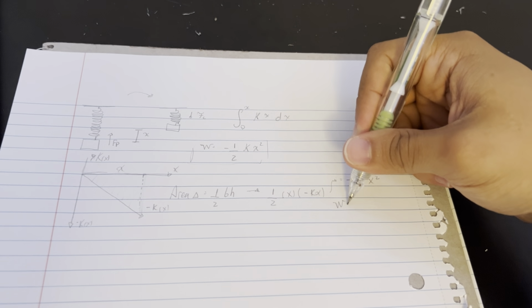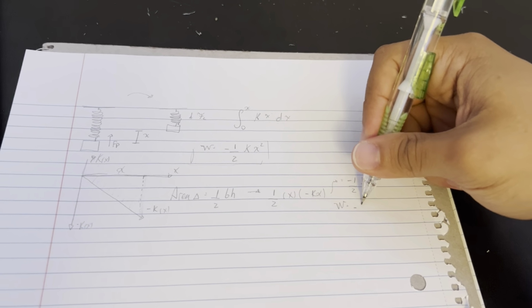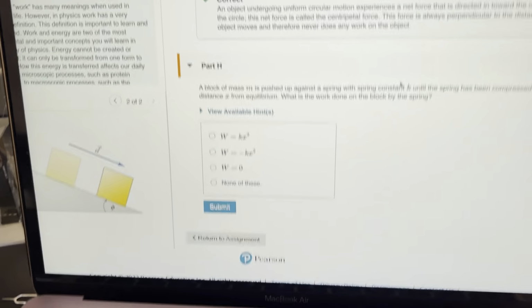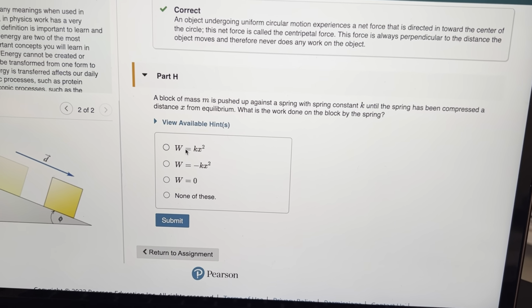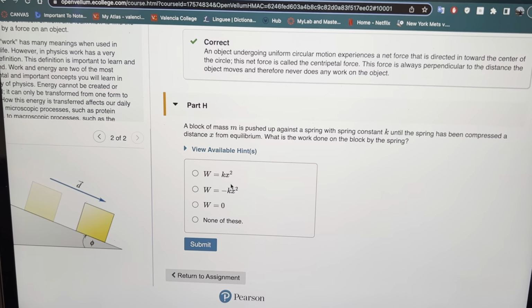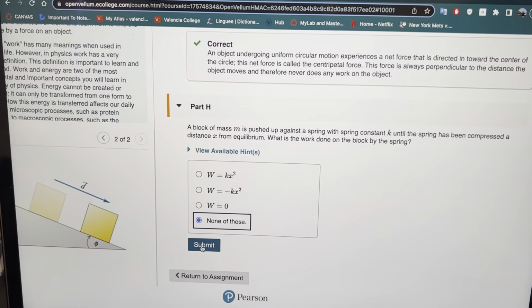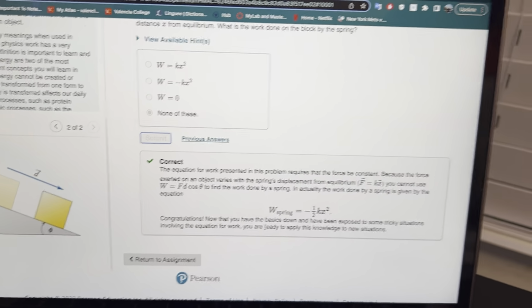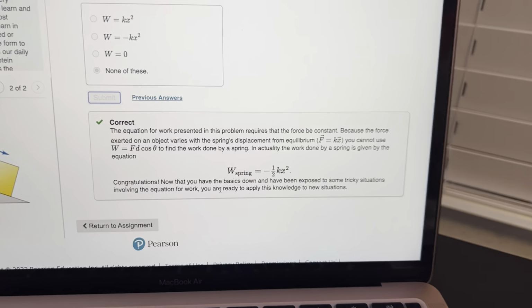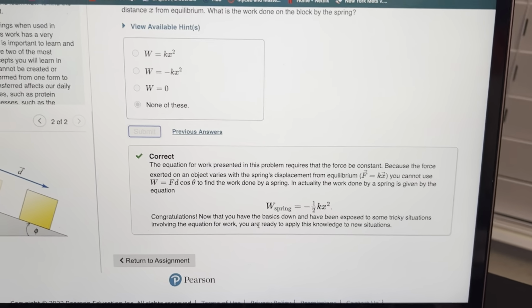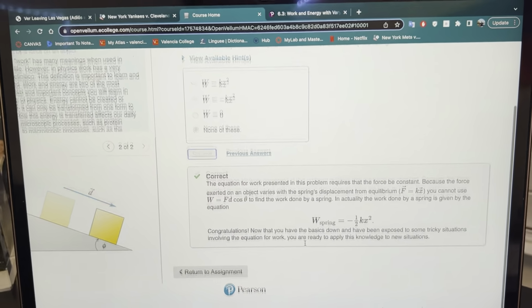So graphically we show that this is right: the work made by the spring is negative 1/2 kx squared. So there is no answer among the options that describes the right answer. That's the answer for this question. That's it for this exam.